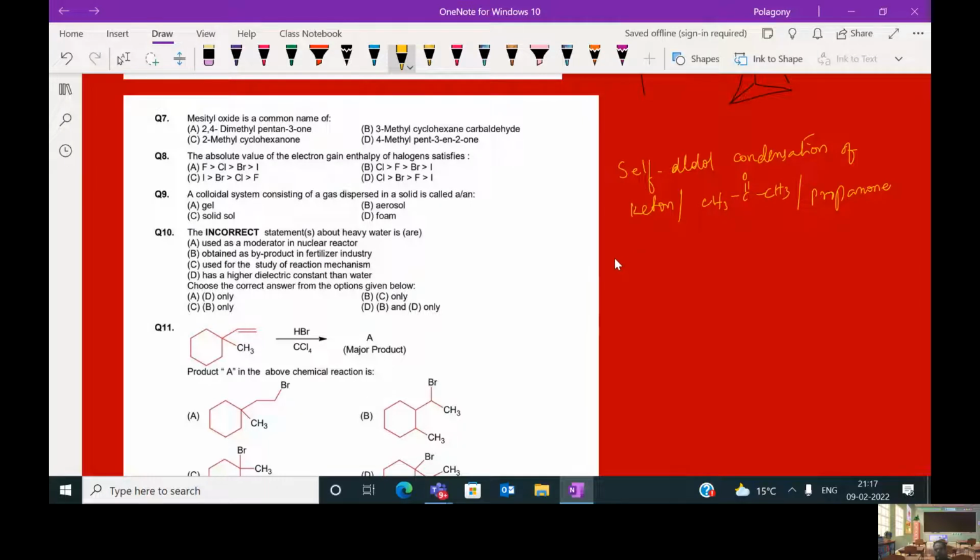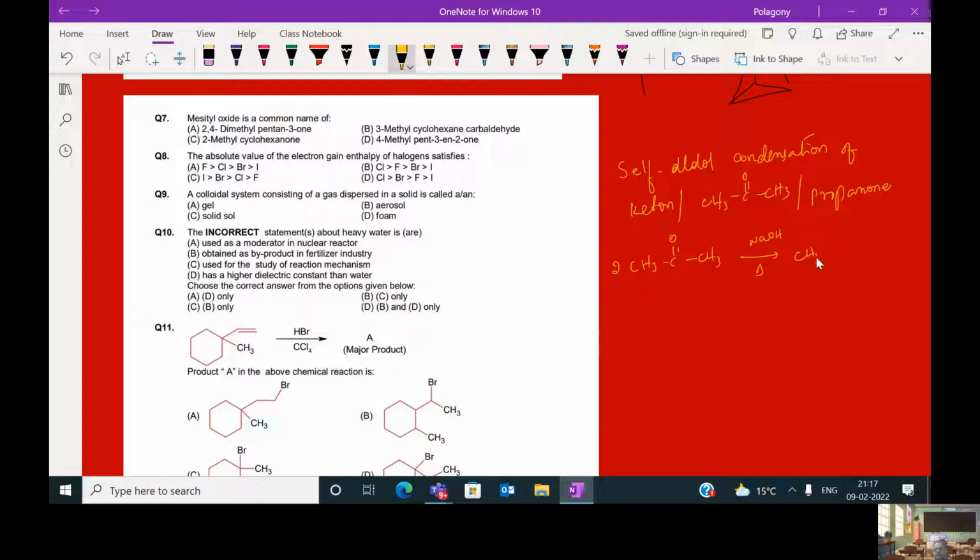Now let us look into this. When two molecules of propanone are treated with sodium hydroxide, we get the compound mesityl oxide.